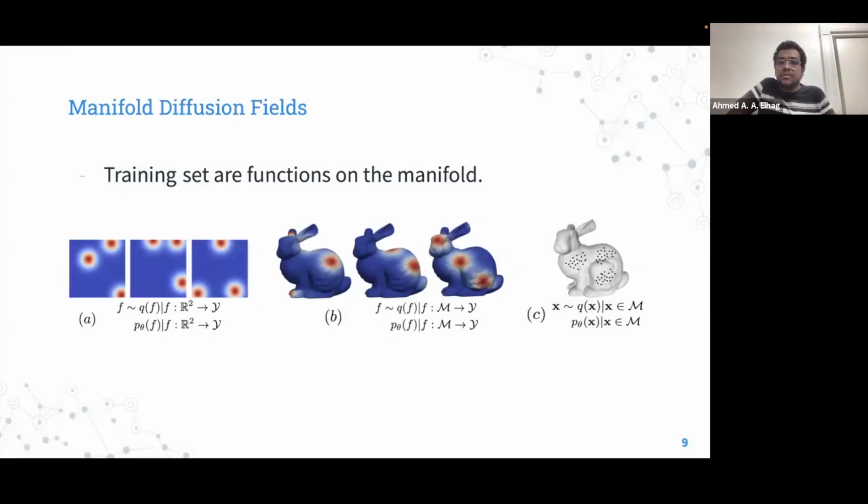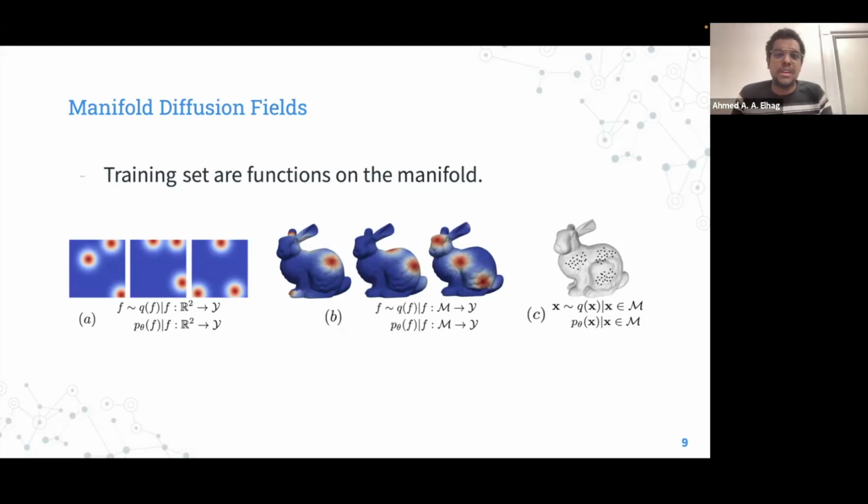So let us go into our setting in manifold diffusion fields. What is our training data? The training data is defined as functions, so functions over the manifold M. For example, in figure B, we have the famous, standard Stanford bunny, and then you have a Gaussian mixture dataset on the surface of the bunny.